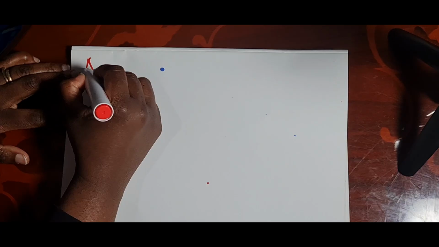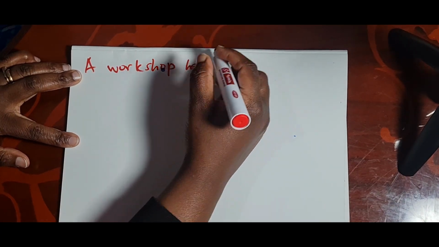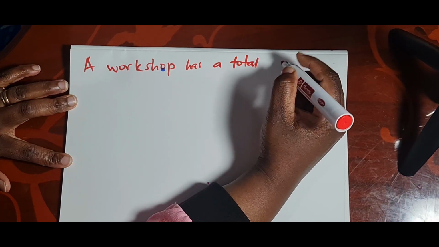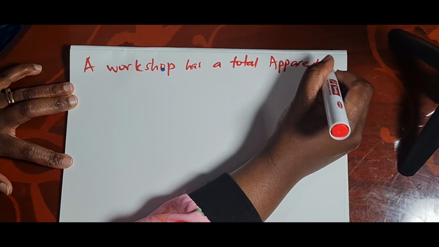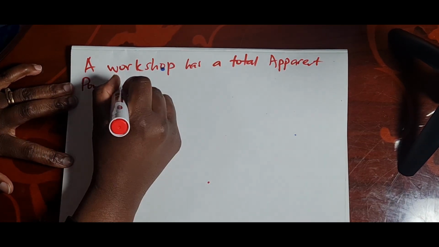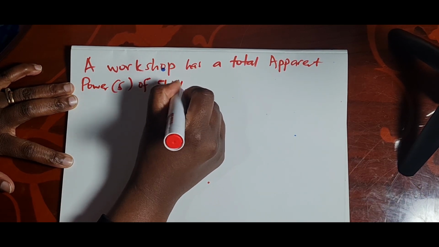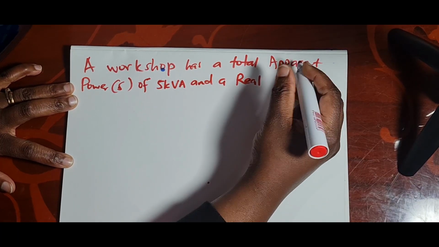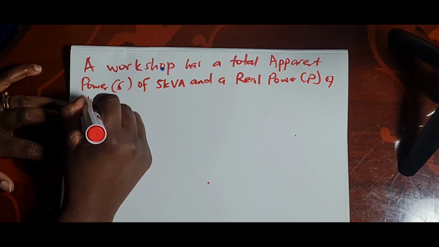A workshop has a total apparent power S of 5 kVA and a real power P of 4 kW.